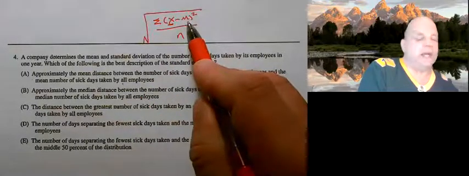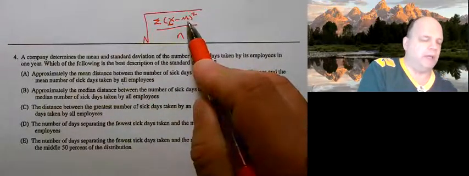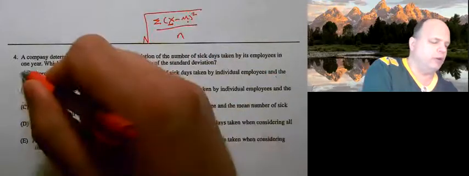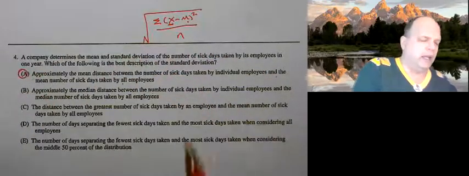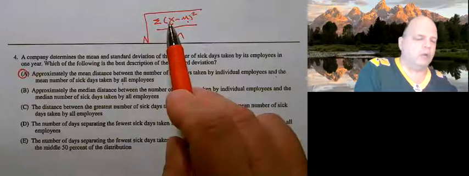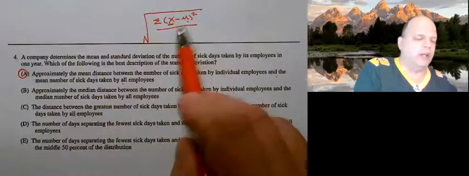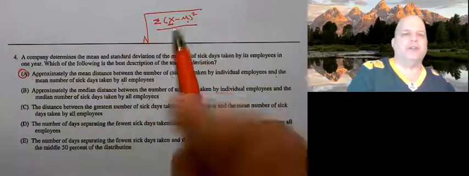Well, that's the mean of the population, or the mean of all employees. So letter A is the best. Once again, it's because this is the individual and this is the population, and it's the average of that distance. All right, so that's number 4.